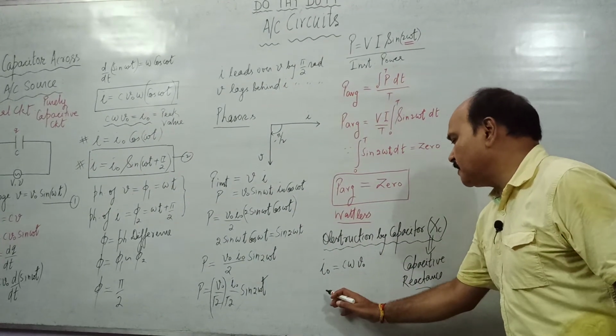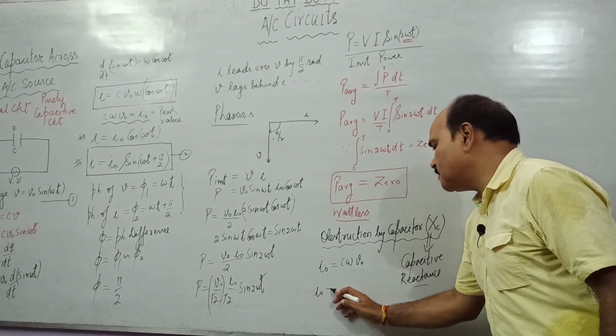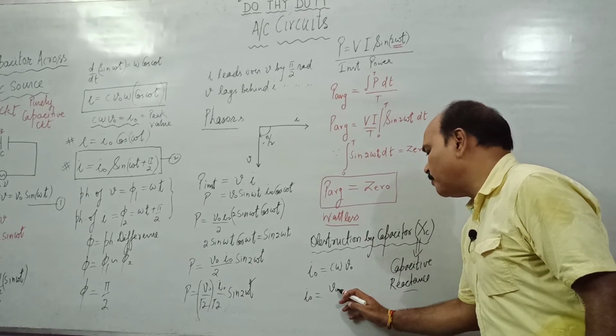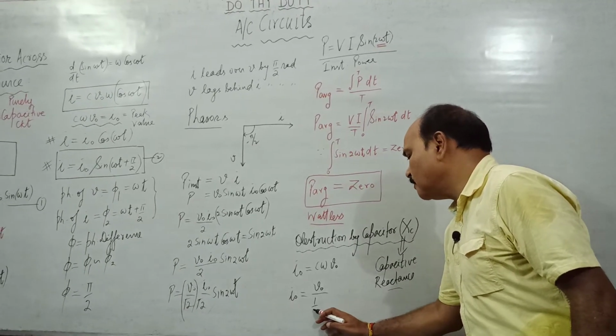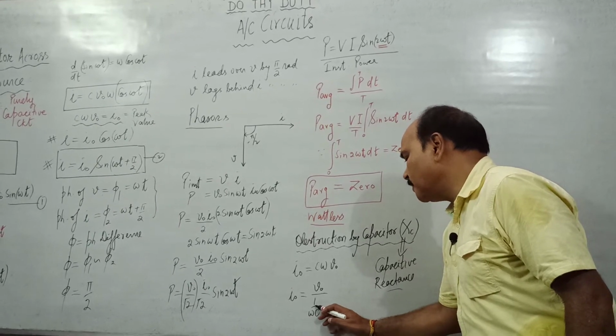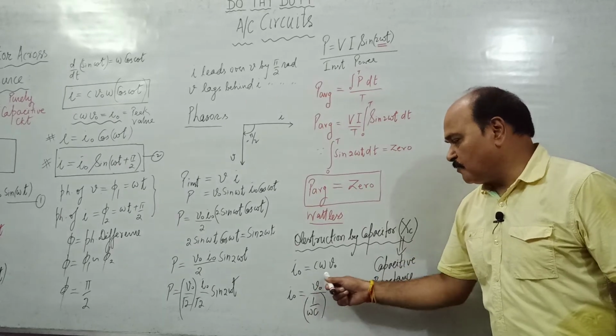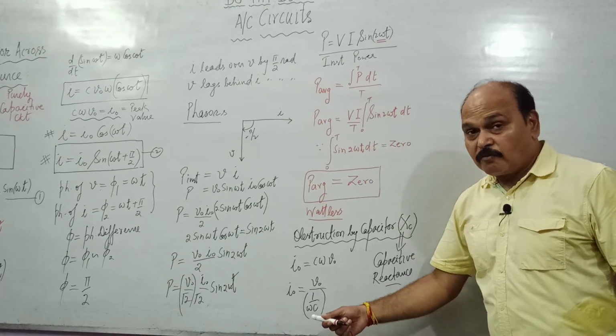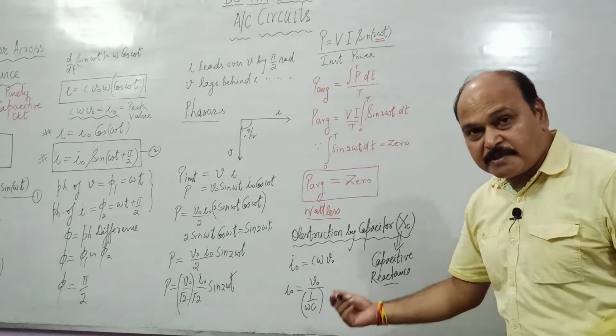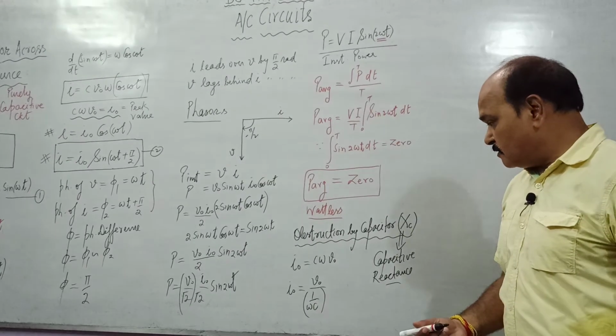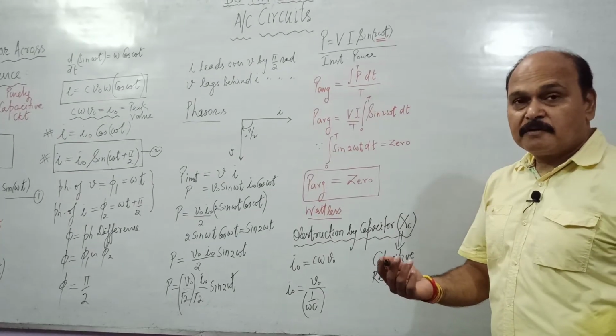And this I naught can be written as V naught upon 1 upon omega C, or C omega. So current is what? Current is always voltage upon obstruction. Current is always voltage upon resistance.